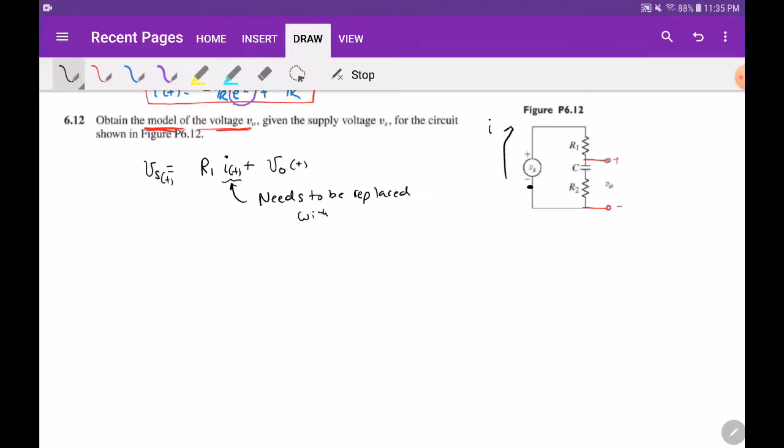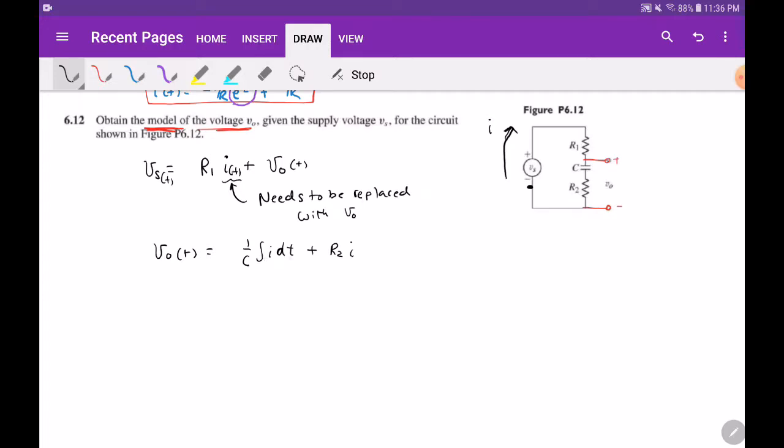with a function of V out. So what do we know about this V out? V out as a function of t equals 1 over C integral of I dt, plus R2 times the total current going around the loop.